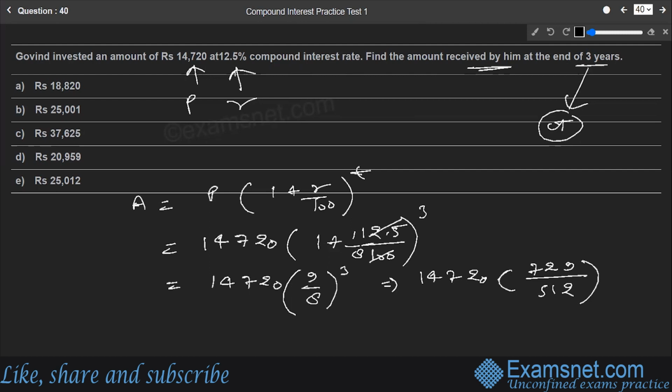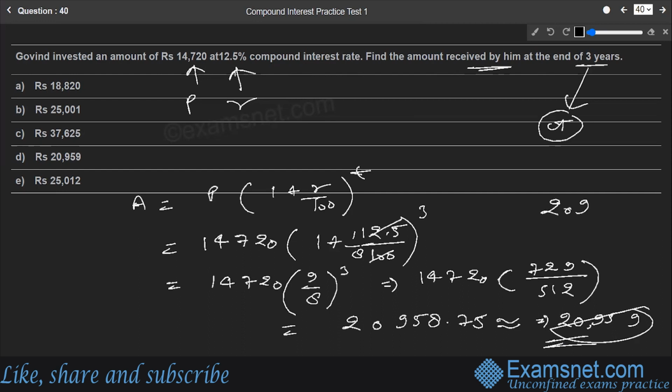512. If we solve this further, this comes out ultimately to a decimal number, which is 20,958.75. If we approximate this, it is approximately equal to 20,959.